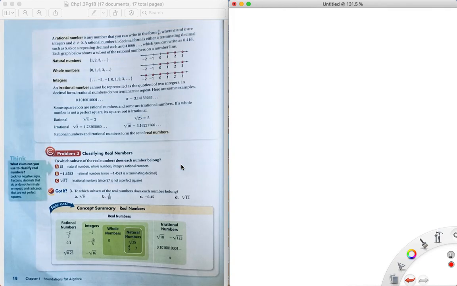So we talked about last time we met about the number system and natural, whole, irrational, rational numbers. Remember that natural numbers are like 1, 2, 3, and so on. They're positive numbers.